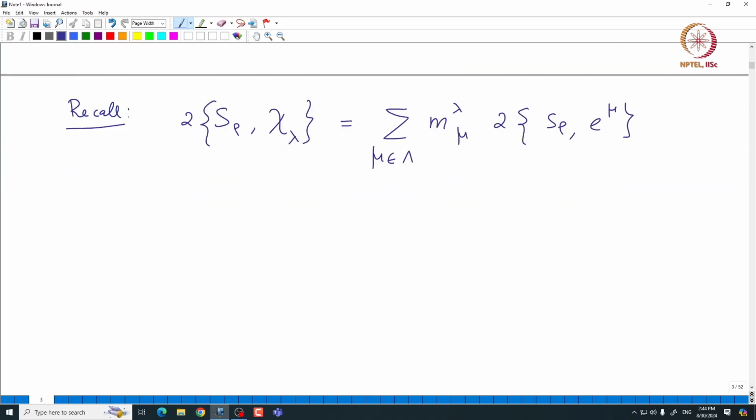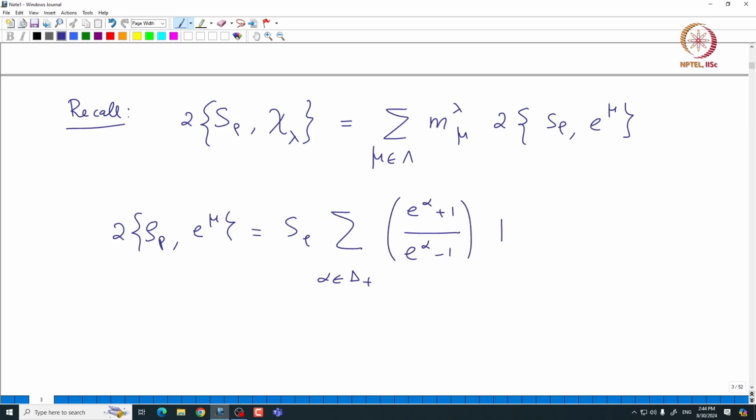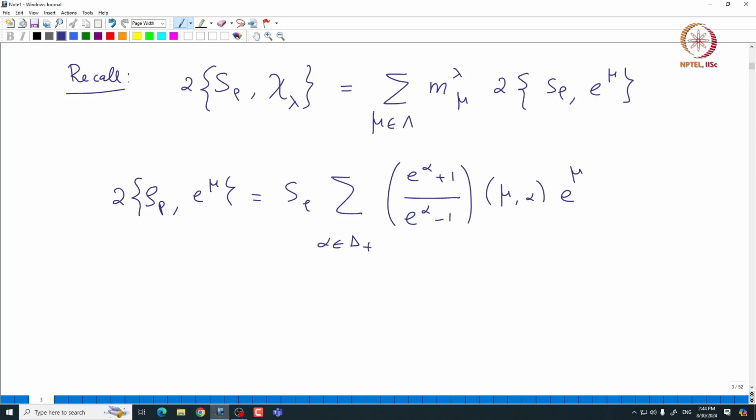Now we already know that twice S rho comma e power mu is given very explicitly by S rho times the summation over alpha in delta plus of the fraction e power alpha plus 1 divided by e power alpha minus 1, times the inner product mu comma alpha, times e power mu. If you substitute this back into the equation, we get the following formula.